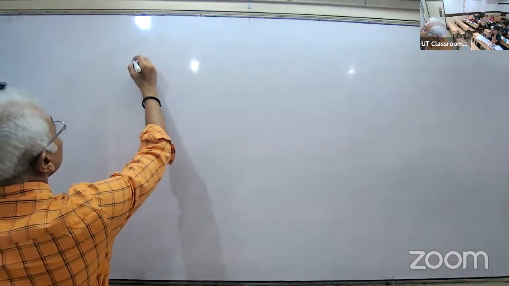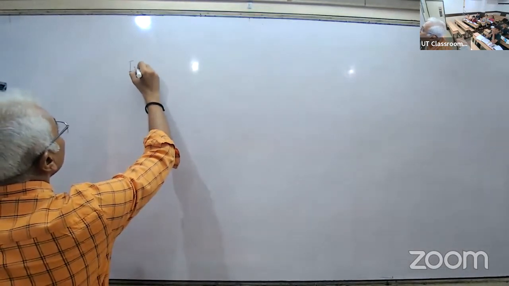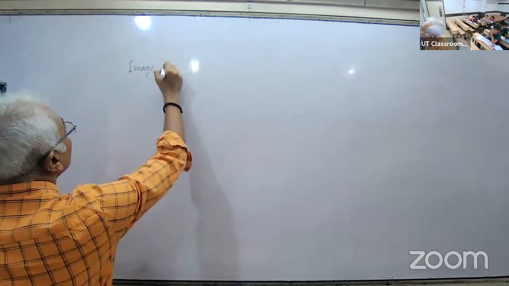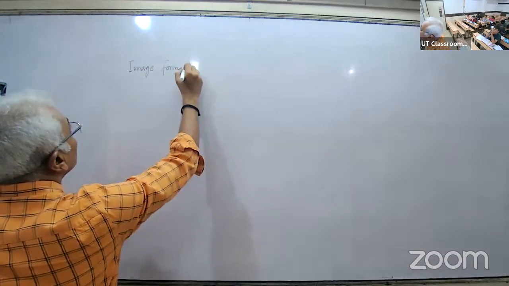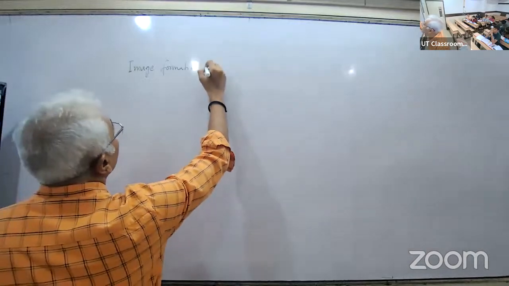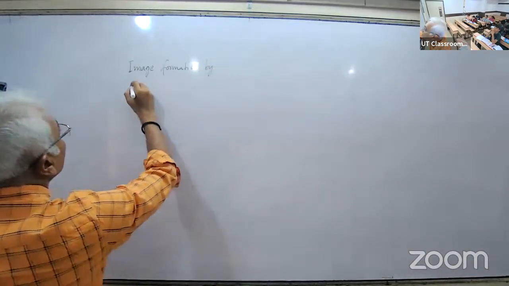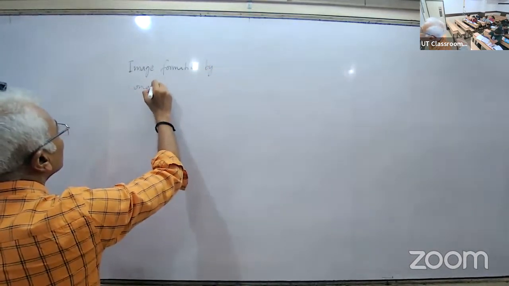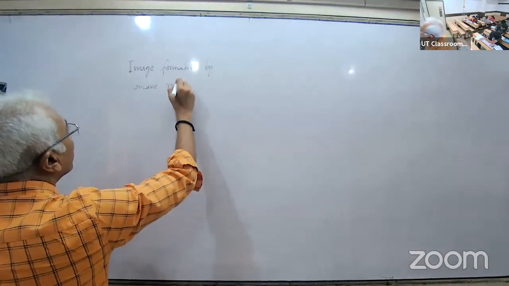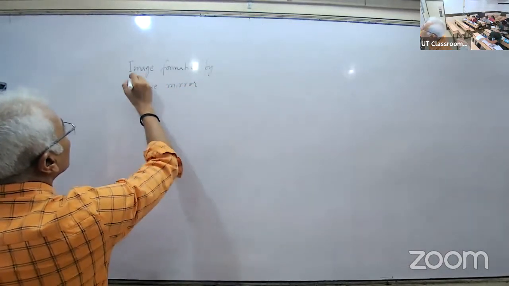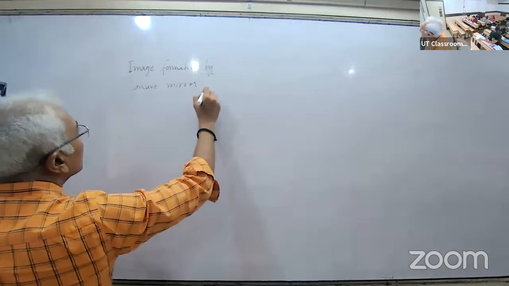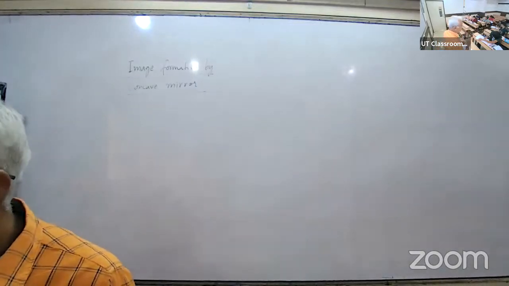Next topic is image formation by concave mirror. Okay. So, what are the two types of images? Real and virtual.